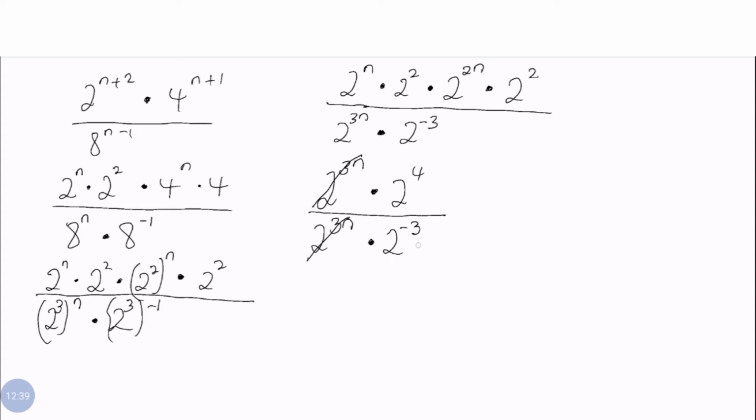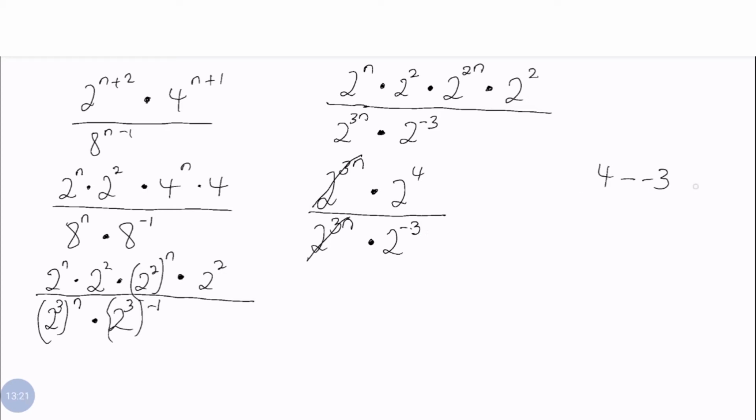Now we have to divide this, and they have the same base. But before we do that, I want you to note what we did when we were multiplying 2 to the power n and 2 to the power 2n. When you multiply, we added the indices. So what do we do when we divide? We subtract. So what is 4 minus negative 3?